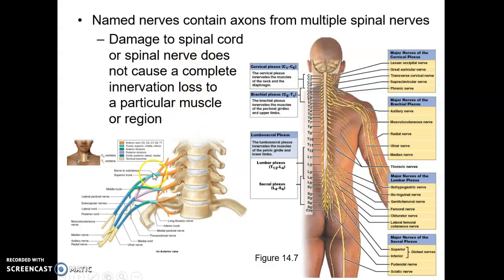And that's good, because if you have damage to a particular spinal nerve or a region of the spinal cord, it doesn't mean that you automatically have complete loss of innervation to a particular region, because each nerve that comes from a particular plexus is served by axons from different multiple spinal nerves. So again, it's redundant innervation, which is good because it helps minimize the overall effect of potential damage.